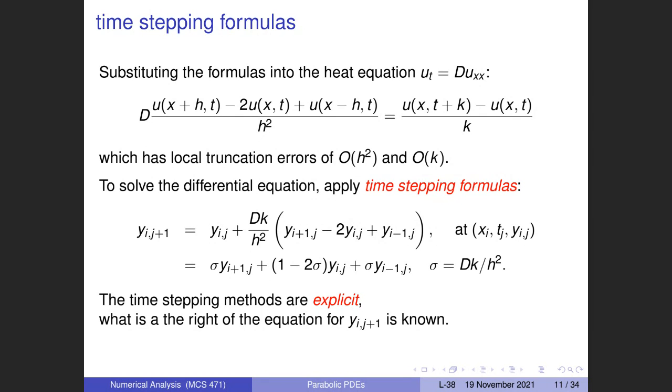So we have the d times the second order derivative, although I realize why it is flipped. We have the second order differential, and here to the right, we have the time step.